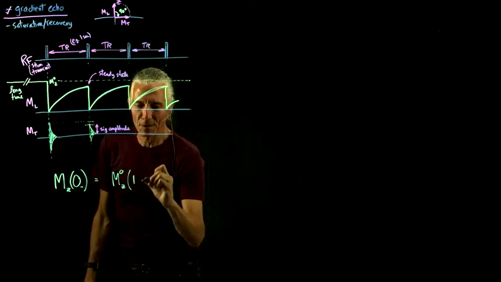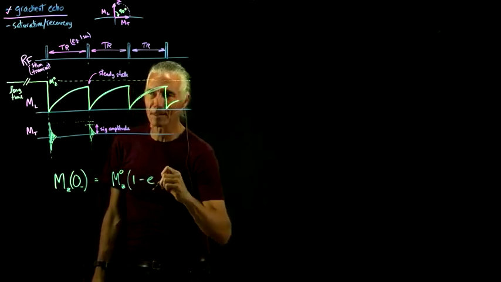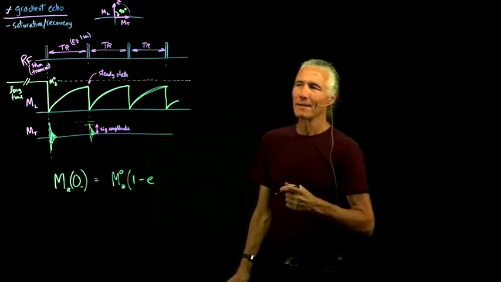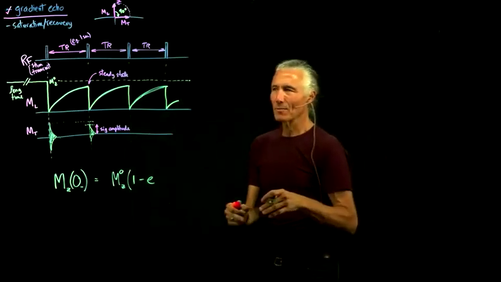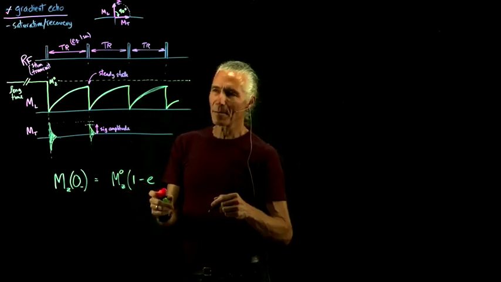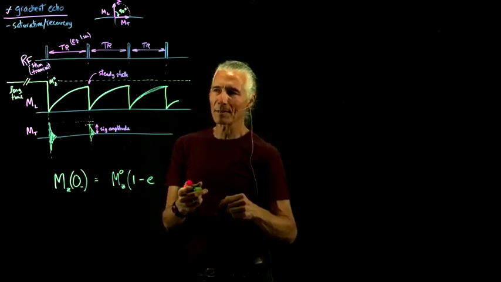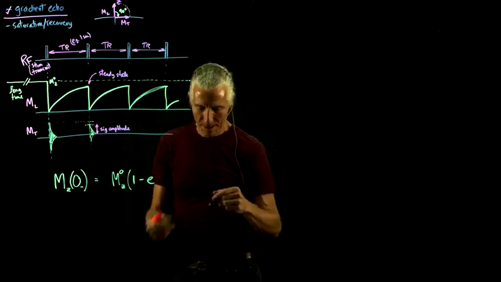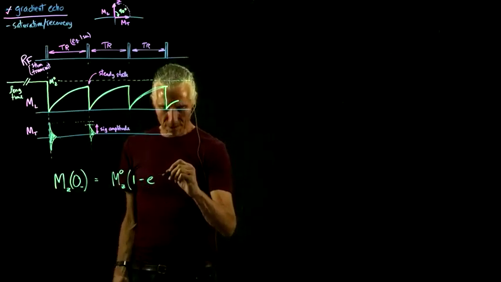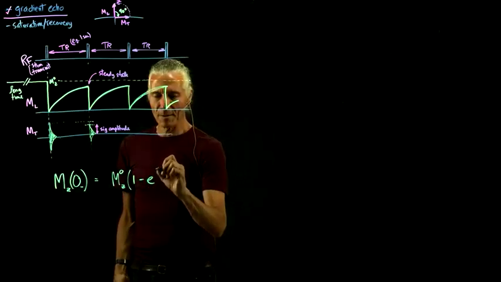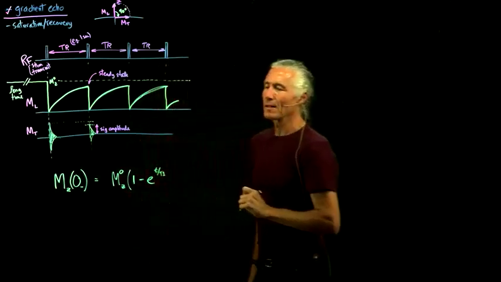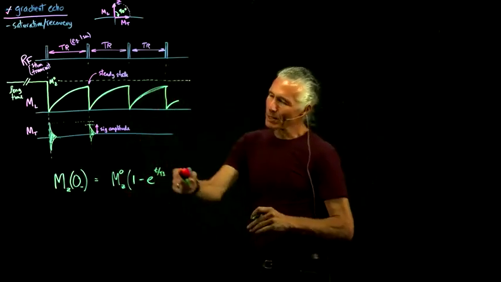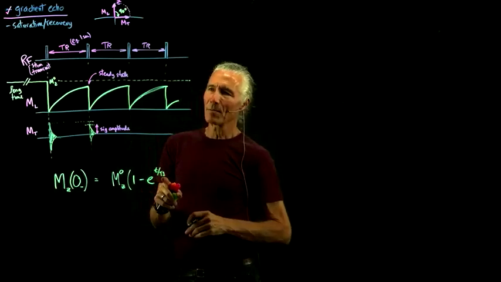Remember there were two terms in the solution to the T1 part of the differential equation: one term that was time dependent, and another term that was the initial condition. Normally this Bloch equation solution would have t over T1, whatever the current time is, divided by T1.